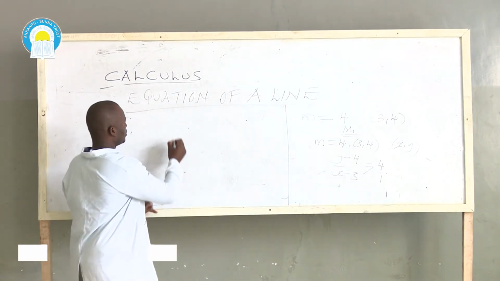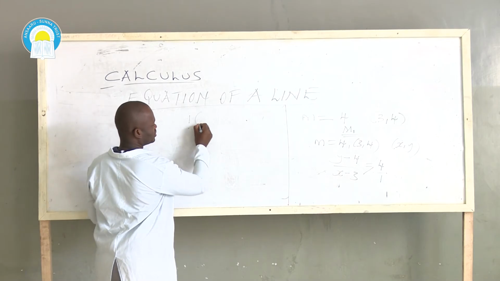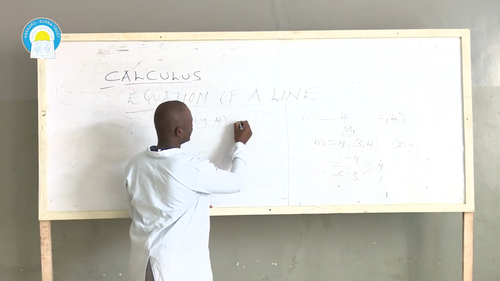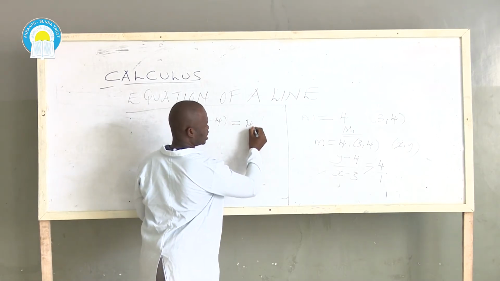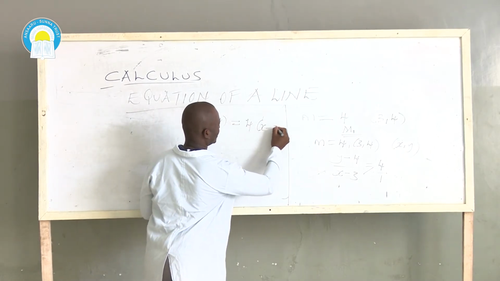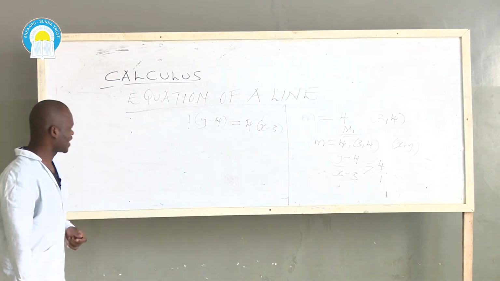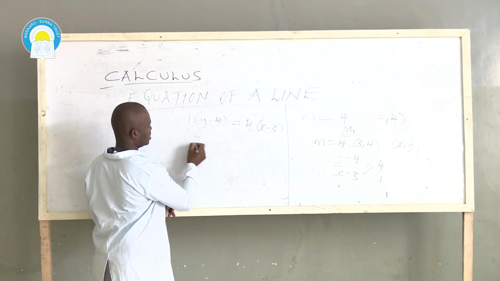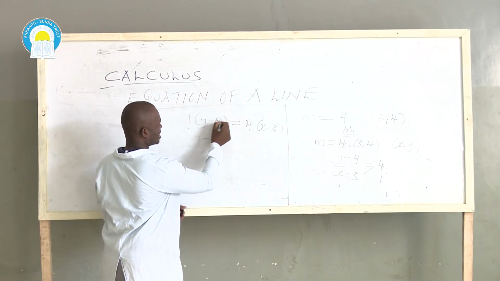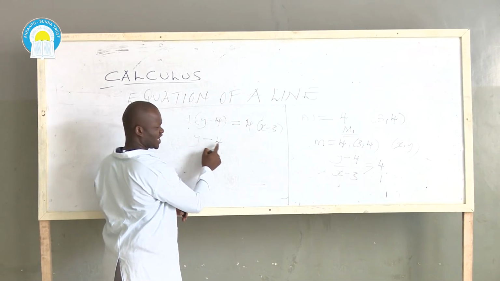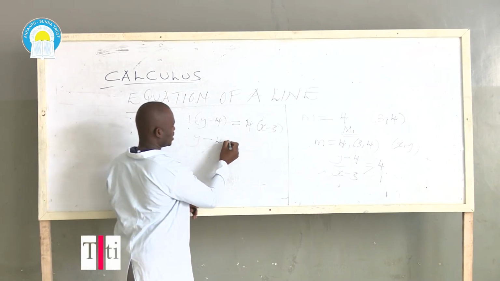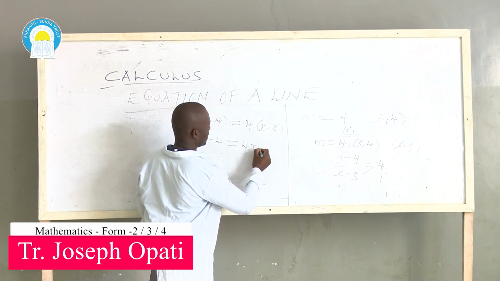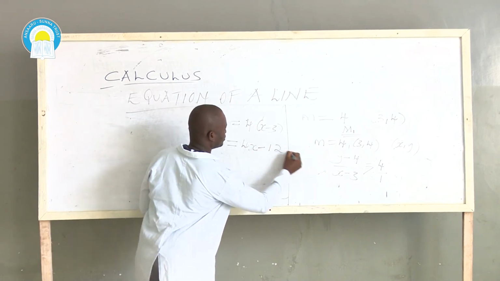We have 1 into y minus 4 is equal to 4 into x minus 3. So 1 times this gives you y minus 4, and we end up with y minus 4 equals 4x minus 12.